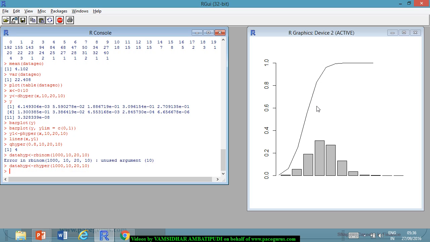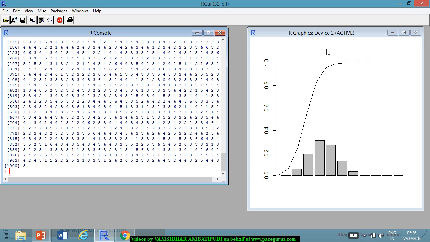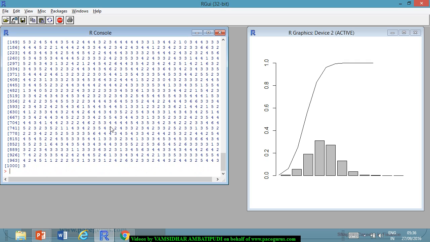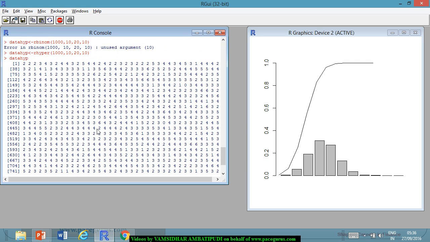Okay, so now let's look at how the data is coming. You could see that the values are 2 successes, 2 successes, 2 successes, 3, 4, 5, and so on. It is very rare that you get 10 successes or something.